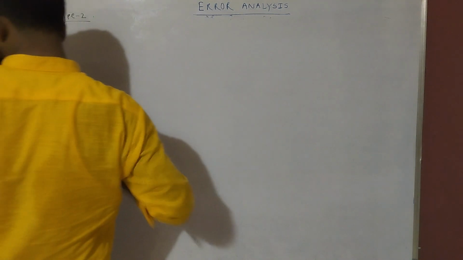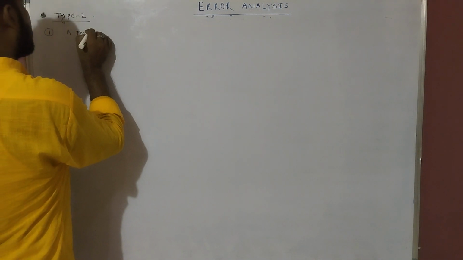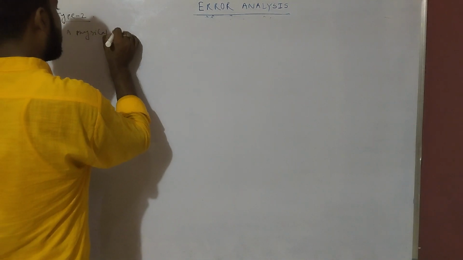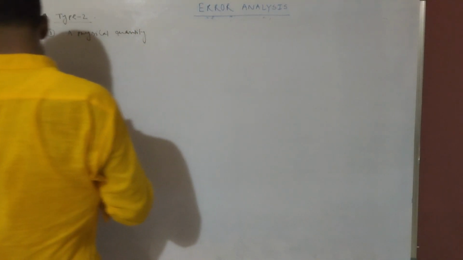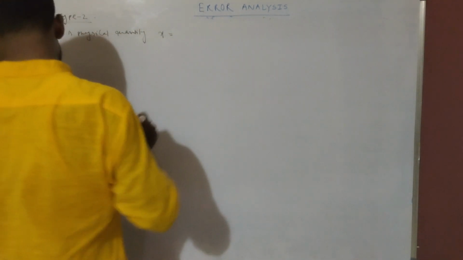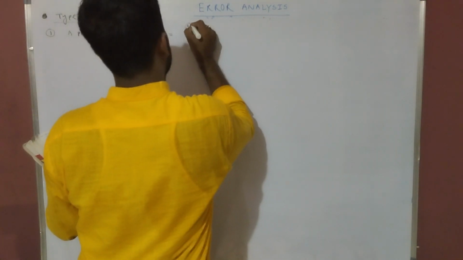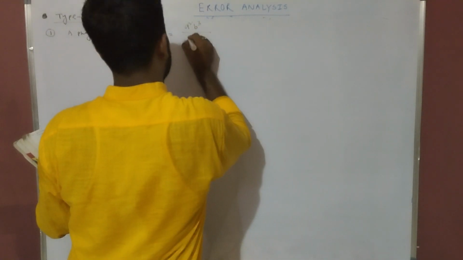Number 1 problem. A physical quantity X is equal to a square b cube divided by c root over d.